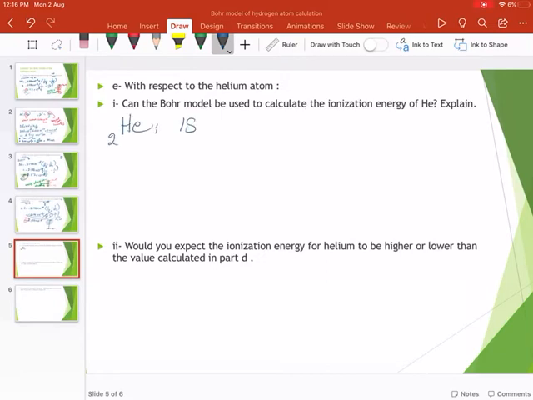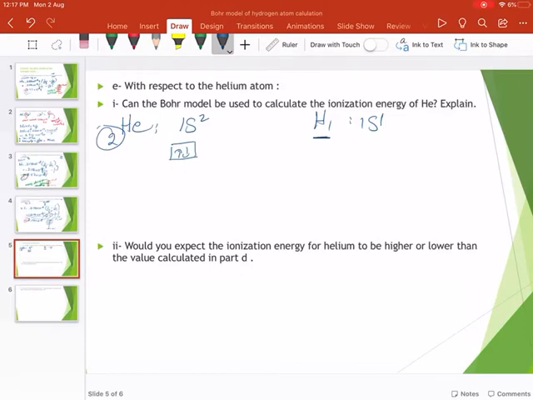In reality, helium has 2 electrons, unlike hydrogen. Because of this, and since the Bohr model doesn't account for the electron shielding effect, because in the Bohr model only 1 electron is present.